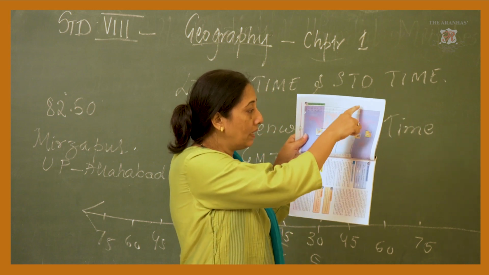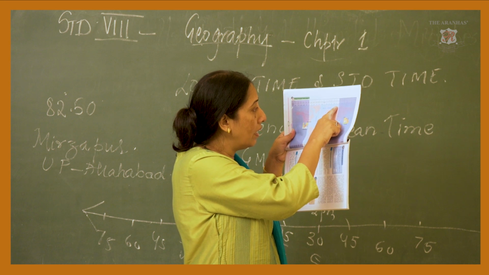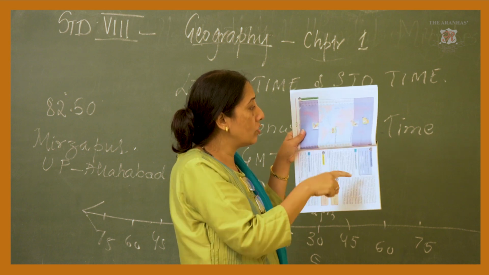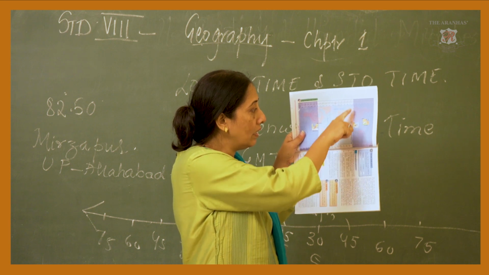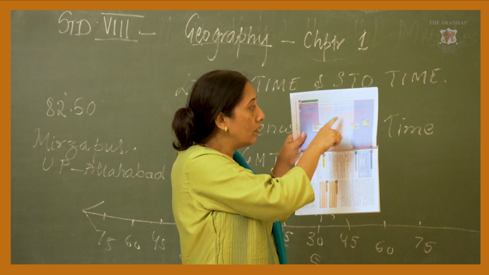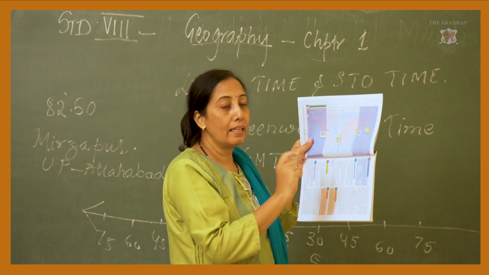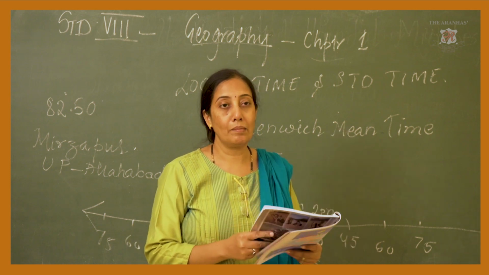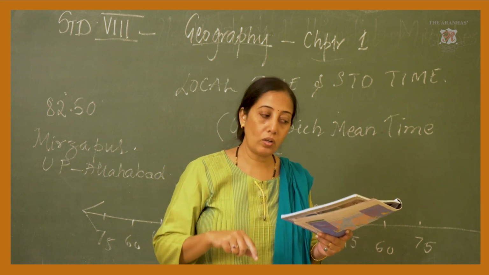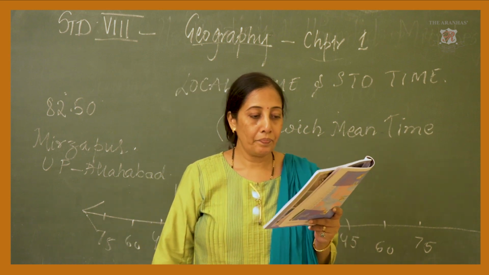Patna, India, you can see 82°30' and a bit more. This is the longitude passing through India, and that is considered the Indian Standard Time. So when it is 12 o'clock there, it is going to be 12 o'clock all over India.